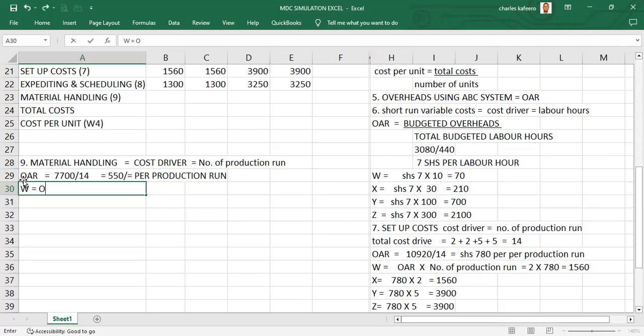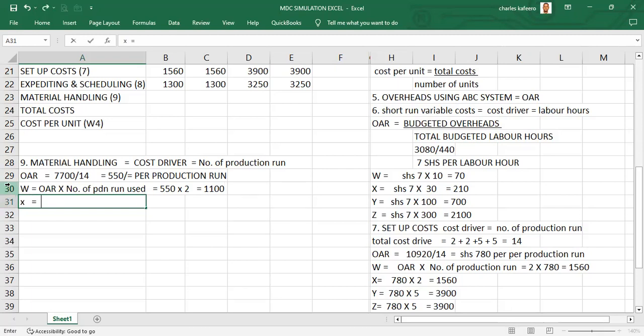For product W, it will be the OAR multiplied by the number of production runs used. For product W, it will be the OAR, which is 550, multiplied by 2, the number of production runs. And this will give us 1,100.